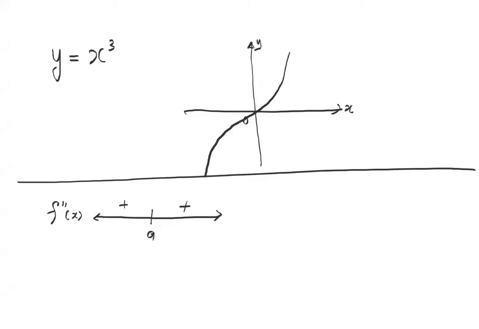Okay, if you got an f double prime x sign diagram like that, is there a sign change? So, no. That means I have my f double prime a equal to 0, but no sign change, correct?